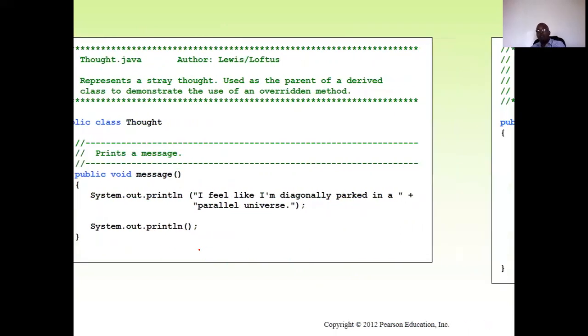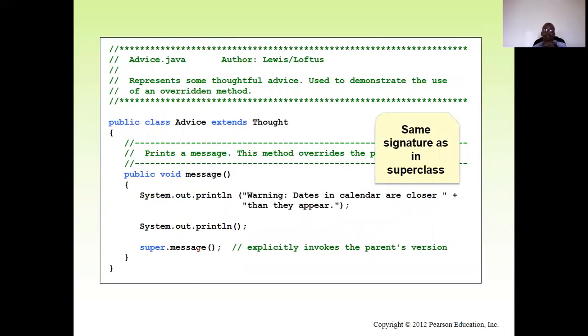Then we have a class called advice, which extends thought. And now we also have a method called message. In this method, all we do is print out, warning: dates in calendar are closer than they appear, especially when it comes to your coursework. And then we print a new line.